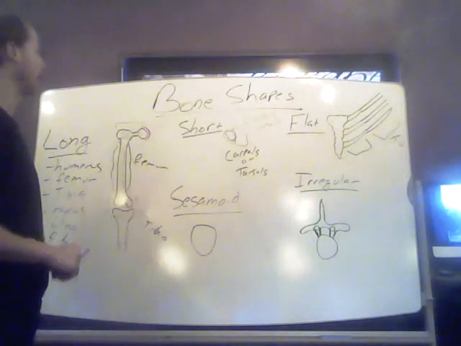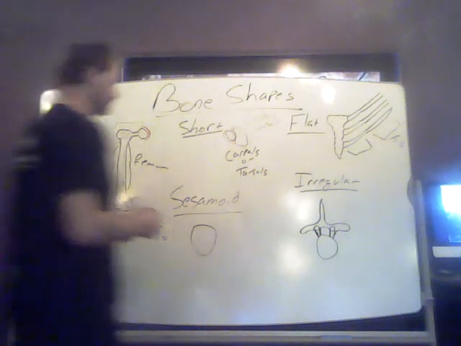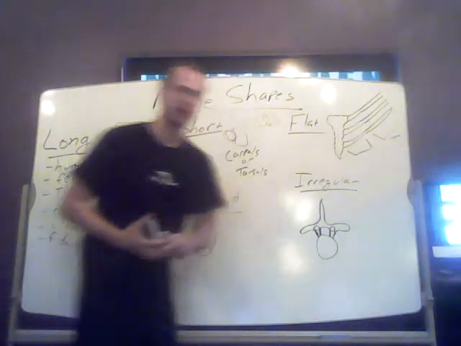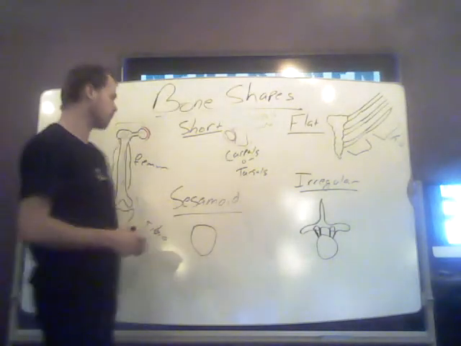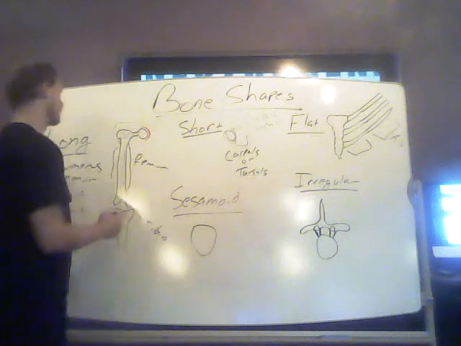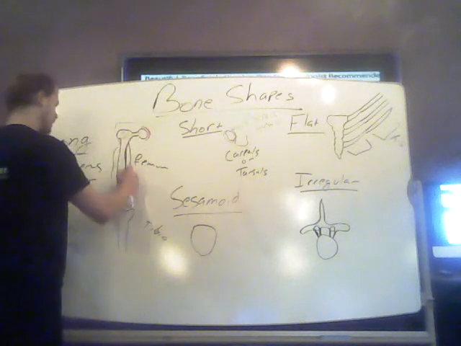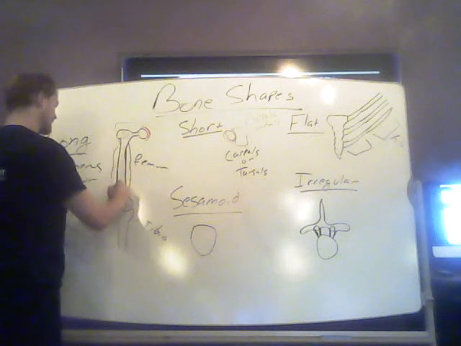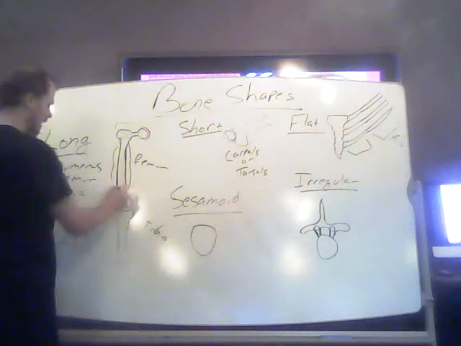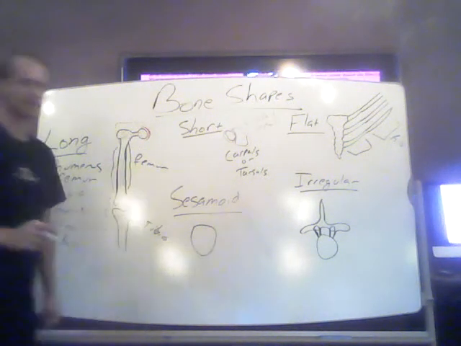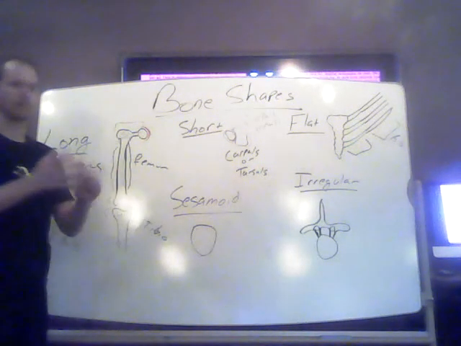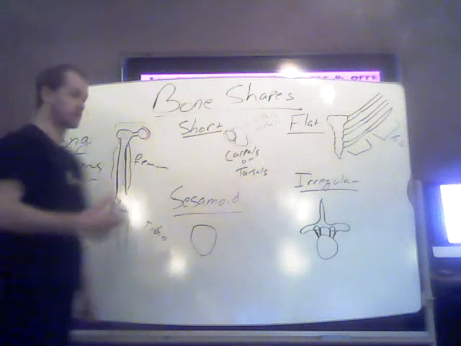Sorry, folks. Now, flat bones are structured a little differently. In long bones, the center, the shaft, is primarily compact, a really dense type of bone tissue. And the proximal and distal ends of the bones have a very spongy inner working, which is what we call spongy bone.